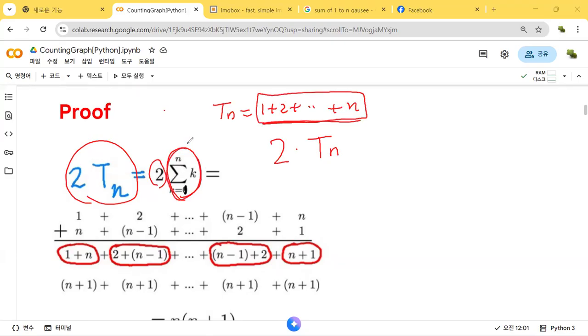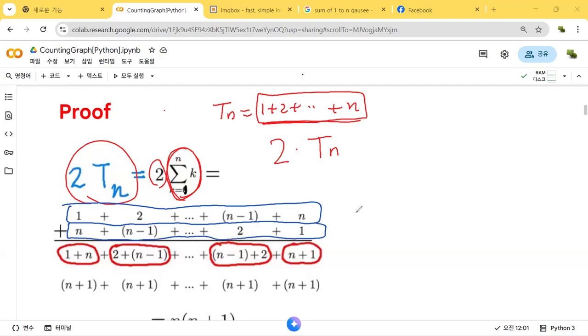But anyway, then what is this? Then you can arrange it: this is the first sum of integers from 1 to n. But reverse the order, and you have n, n minus 1, down to 1. Okay. So the first one is Tn. The second one is also Tn.